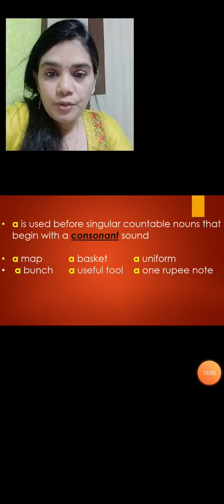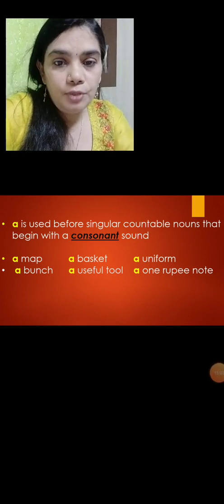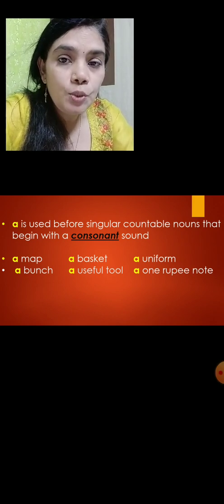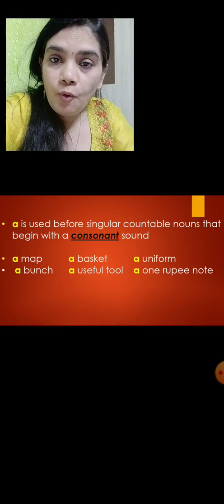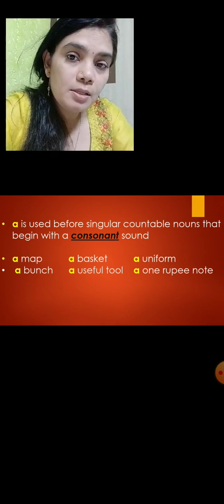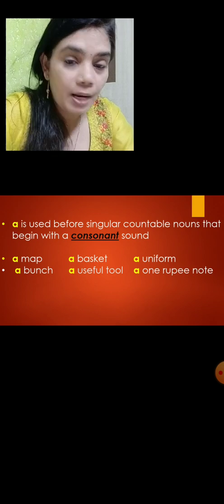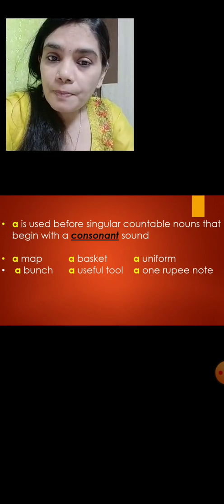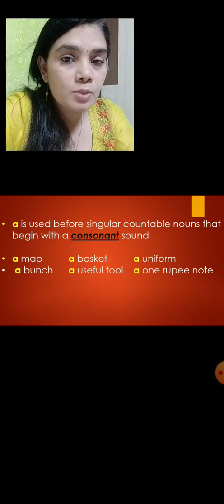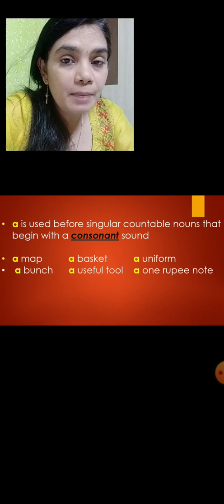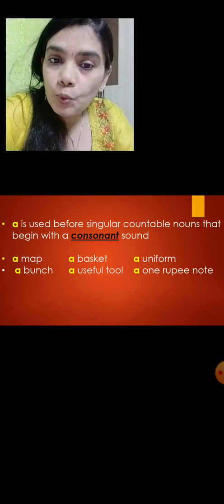Now children, a uniform. Uniform: U is the vowel, but here we have used "a". Why? Because when we pronounce the word uniform, the spelling is U but the sound is Y-U.